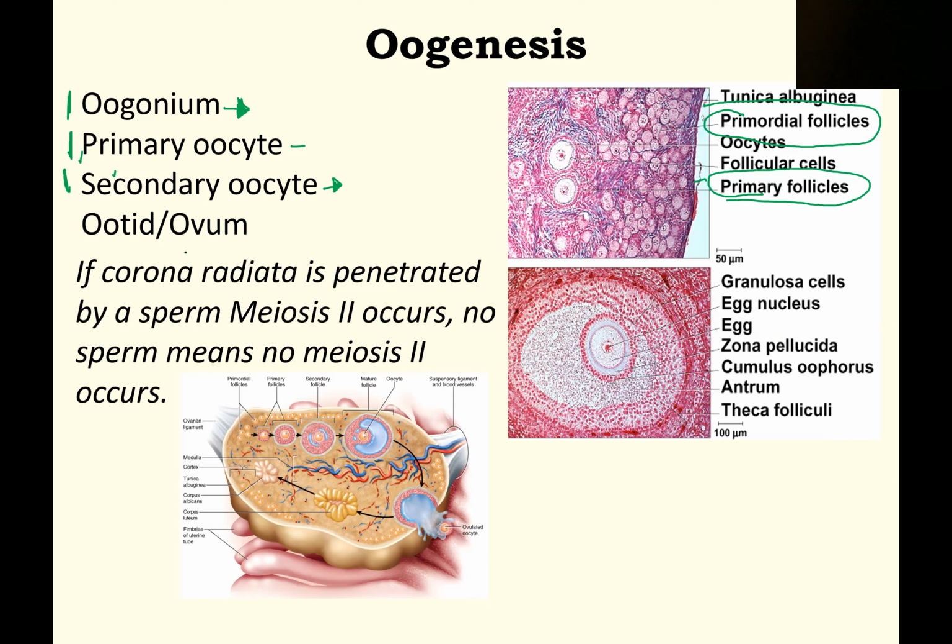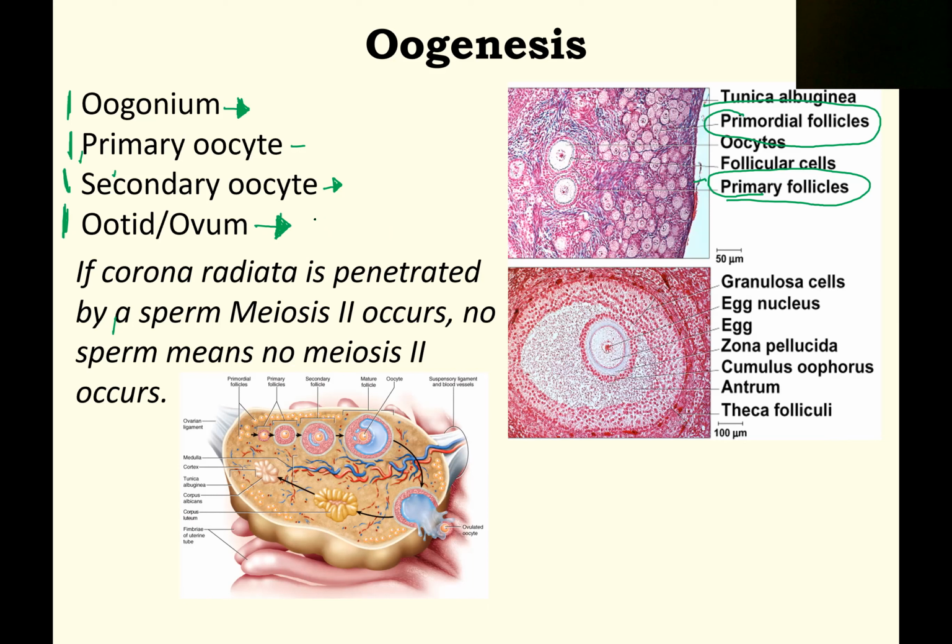Now, we're going to put the last 2 together because the ootid doesn't last very long. So the ootid/ovum, which there's going to be one of, is going to be surrounded by the corona radiata. Because the acrosome just penetrates it, it doesn't dissolve it completely. It has the haploid amount of DNA, and it has 1 strand.